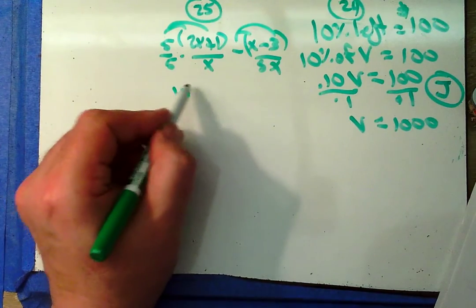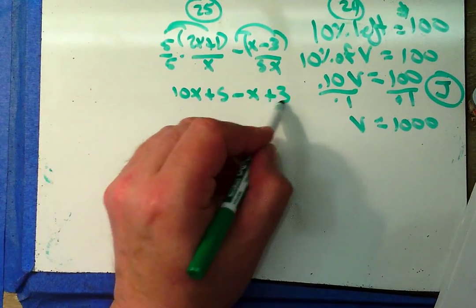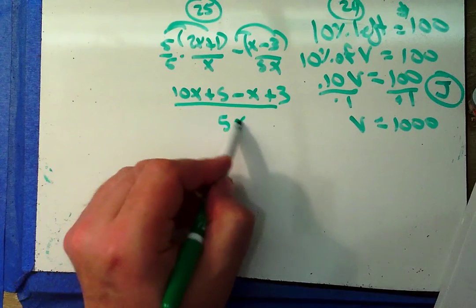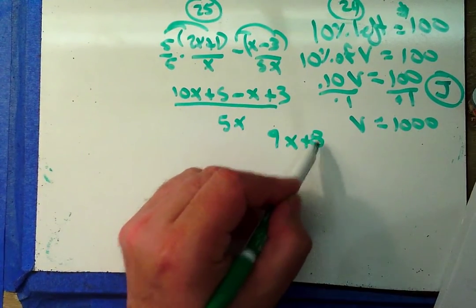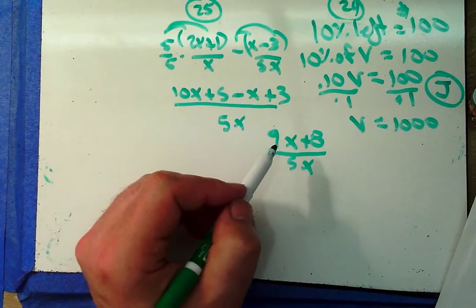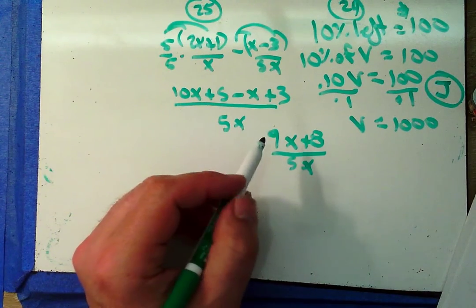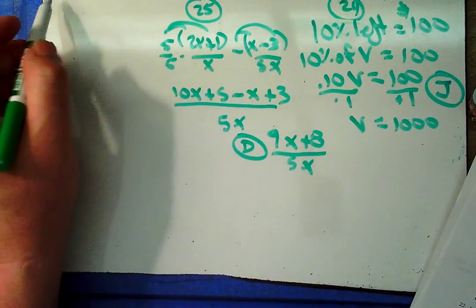And so I'm going to have 10x plus 5 minus x plus 3, a minus is plus, over 5x. If I combine like terms, I get 9x plus 8 over 5x. And that is D. D for number 25.